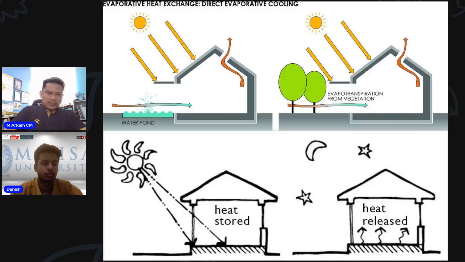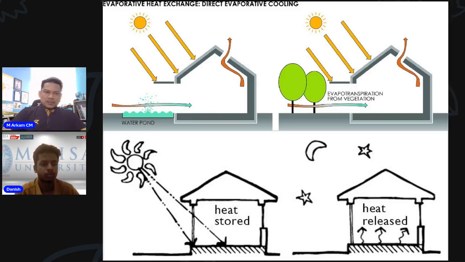I mean, we store the heat inside our building, and at night time our house becomes hotter due to heat release from the building material, either floor or walls. So it has also happened here. It's not supposed to be that way because we are in a hot and humid climate.